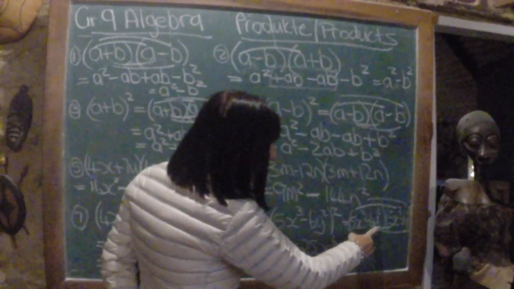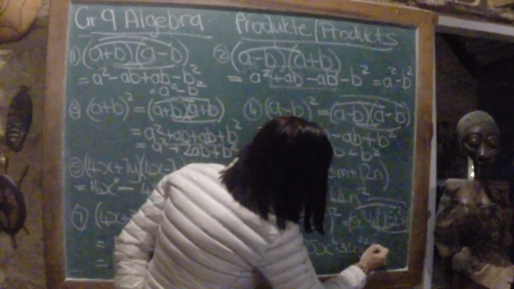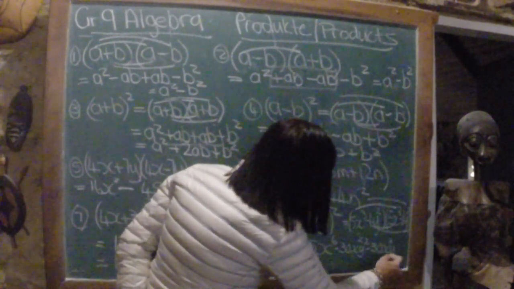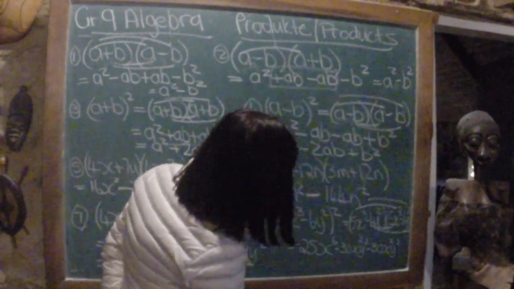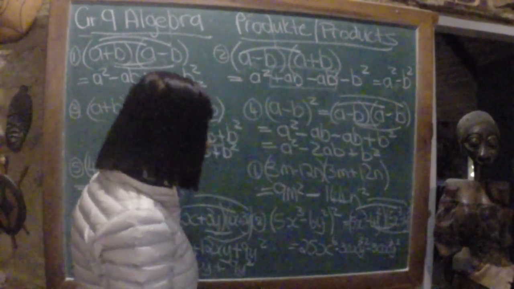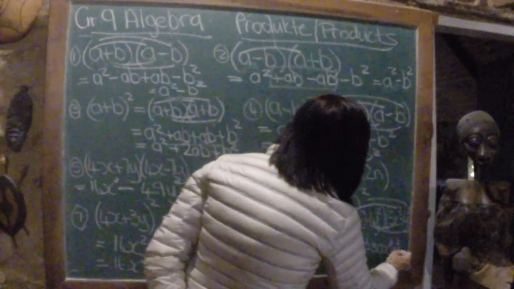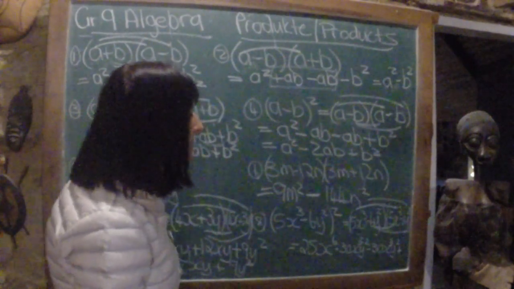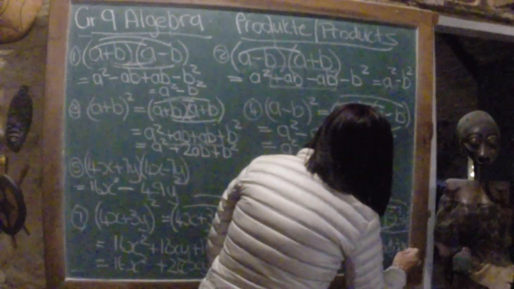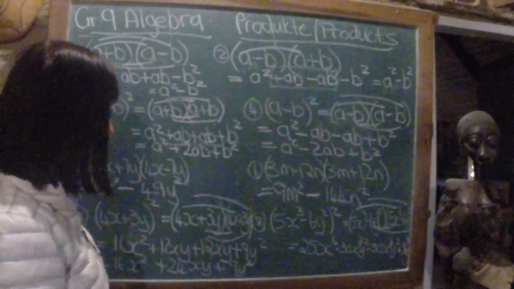Minus 6y squared times 5x cubed gives me again minus 30x cubed y squared. And the last one, a minus times a minus gives a plus. 6 times 6 gives me 36. And it's y to the power of 4 because it's squared and it's squared.